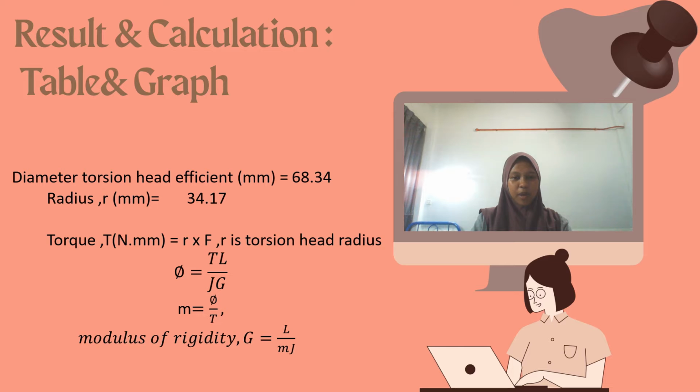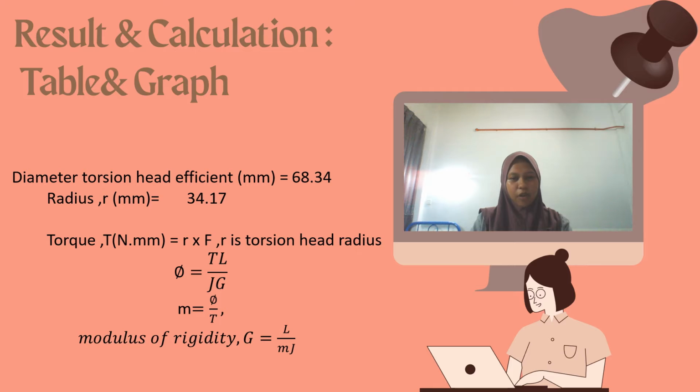For this experiment, we need to calculate the modulus of rigidity. To get the modulus of rigidity, we use the formula for the angle of twist, which equals torque times length divided by J times G. From that we need to read from the graph the value of the slope.